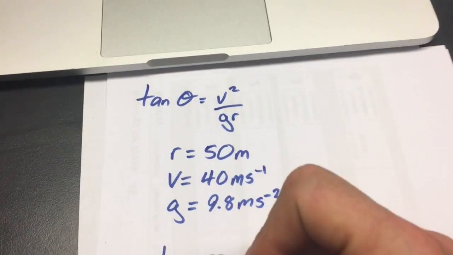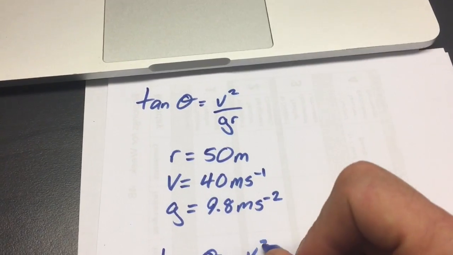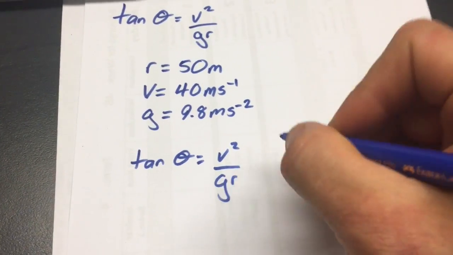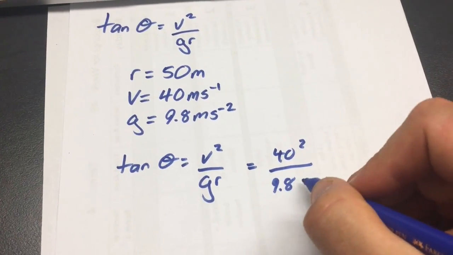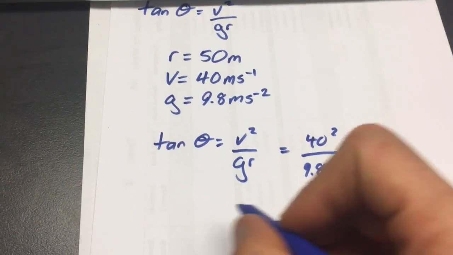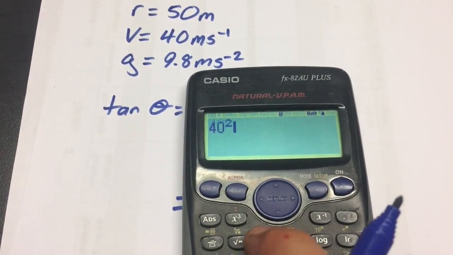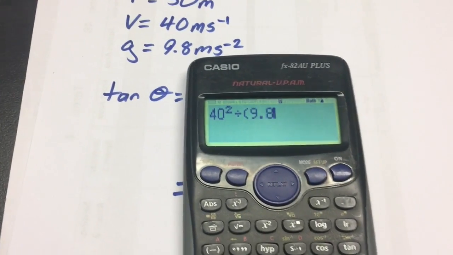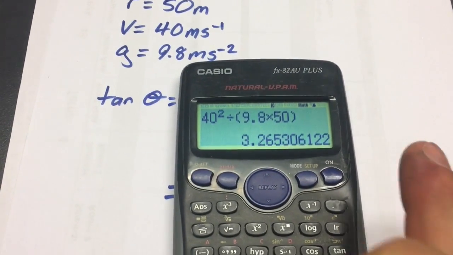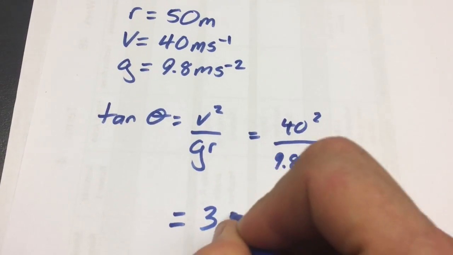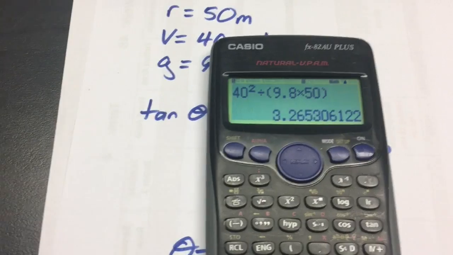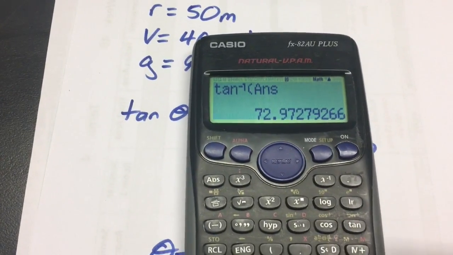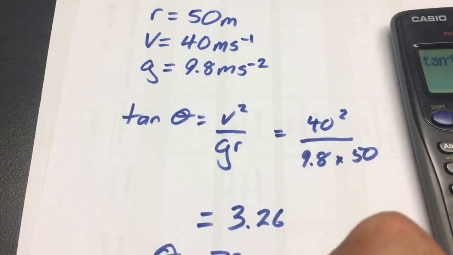Well, tan theta equals v squared over gr equals 40 squared over 9.8 times 50, and that is equal to 3.26, and so theta equals 73 degrees.